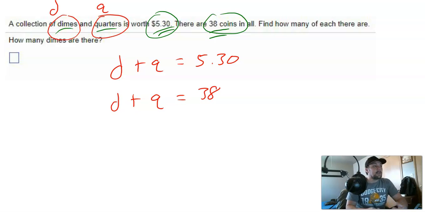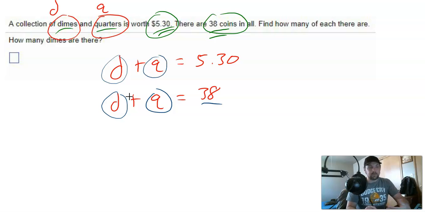So here, for the bottom equation, D is representing the number of dimes plus the number of quarters is 38 coins altogether, right? But in the top equation, you're using D as the value of the dimes, plus the value of the quarters is $5.30, right? So think about it like this.